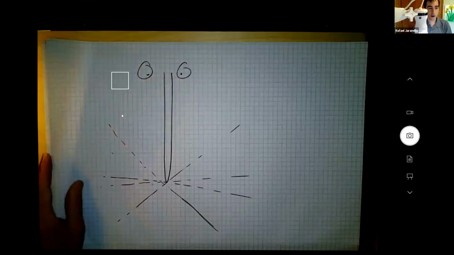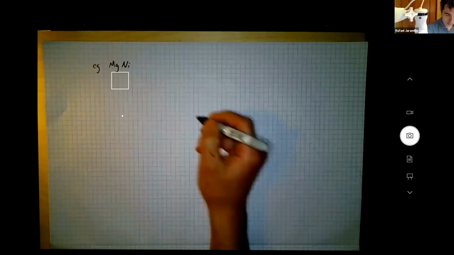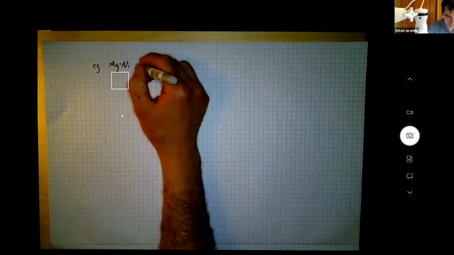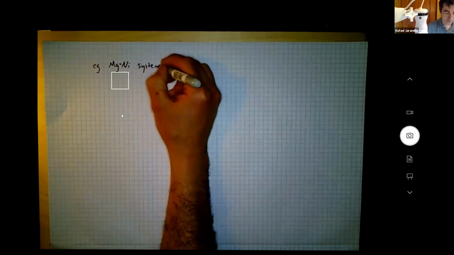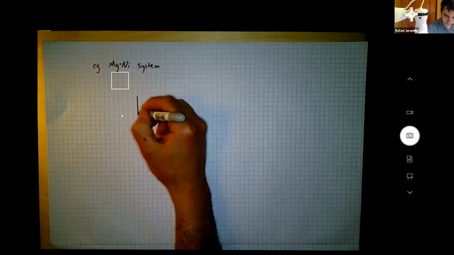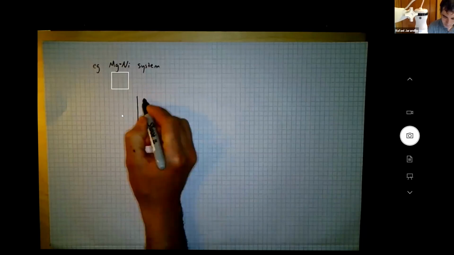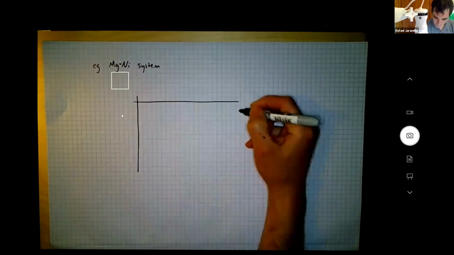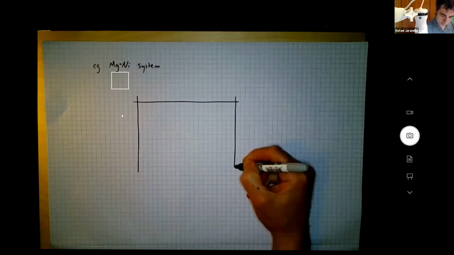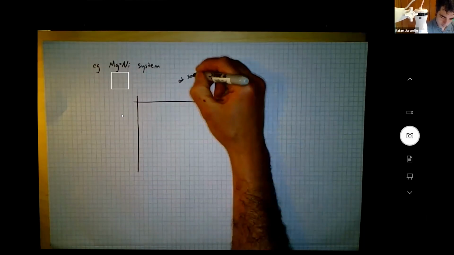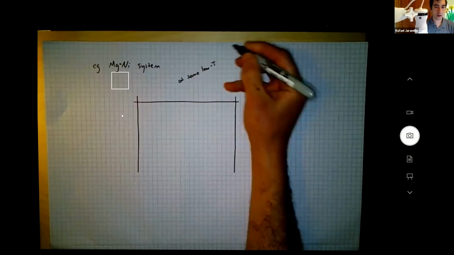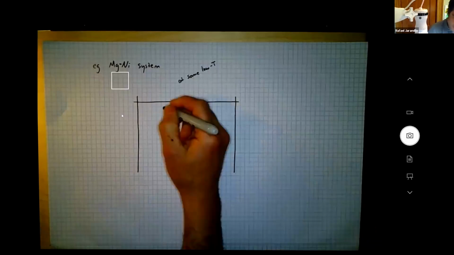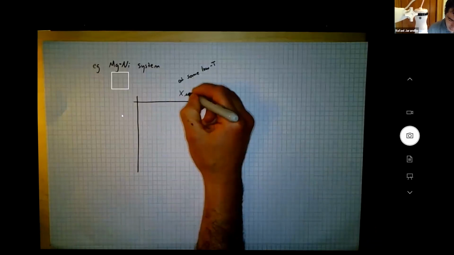So how would you draw the free energy composition diagram for the magnesium nickel system? It would be drawn like this. For instance, at some low temperature, this is going to be X nickel.